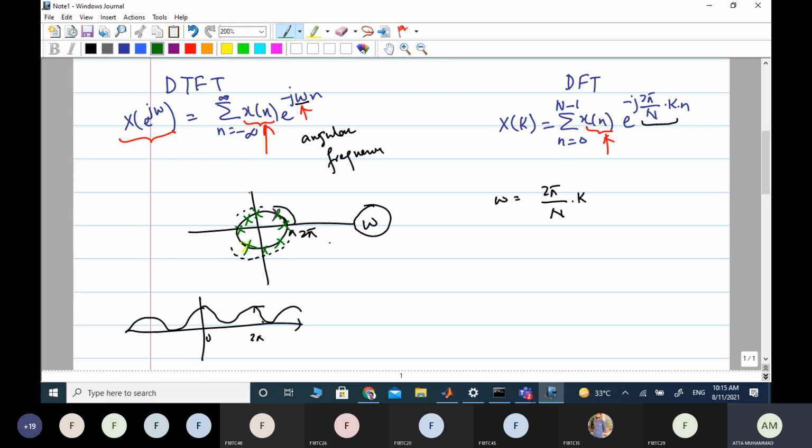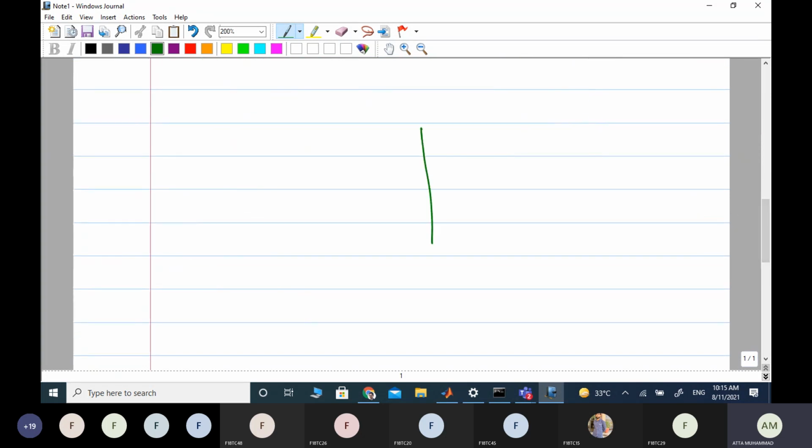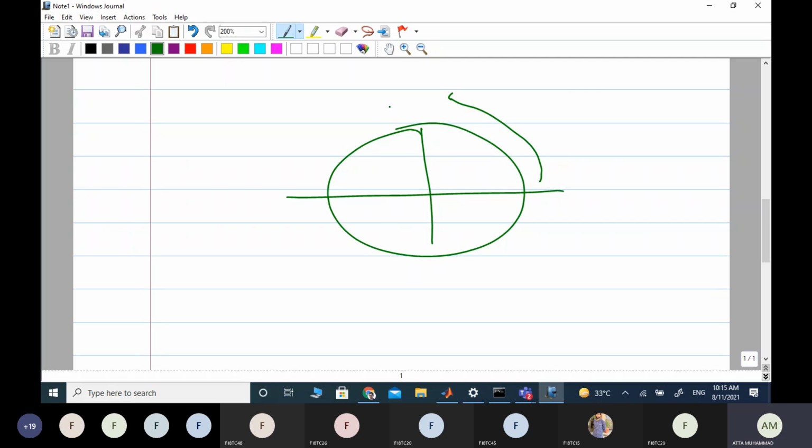Okay, let me just draw a circle more clearly so that we can understand it more precisely. For example, this is a bigger circle, right? And we say this is our omega, and omega is periodic with respect to 2 pi.